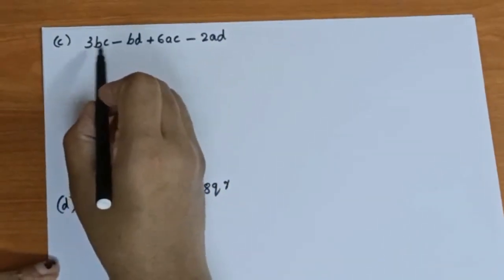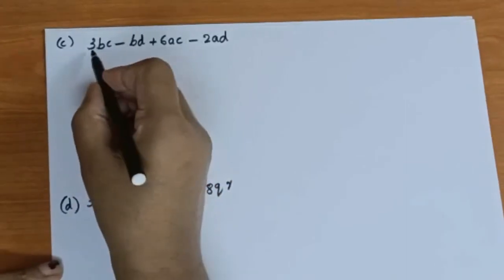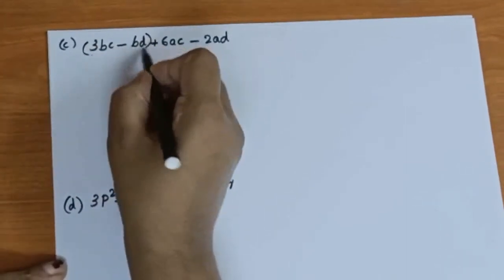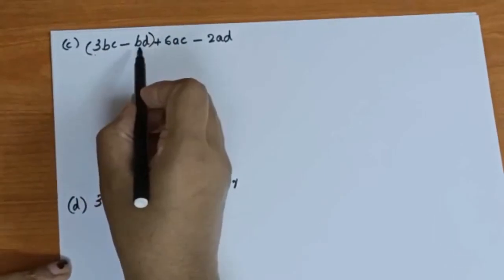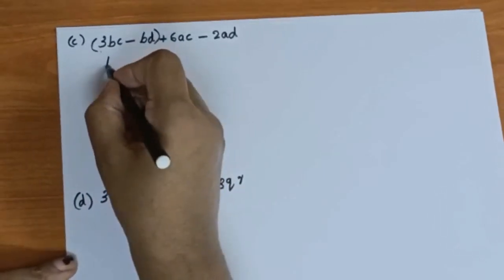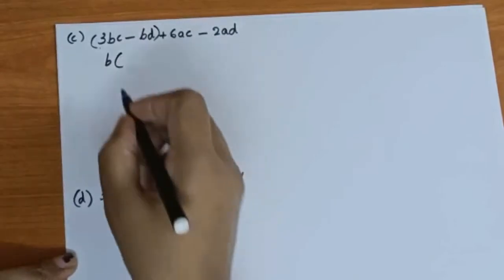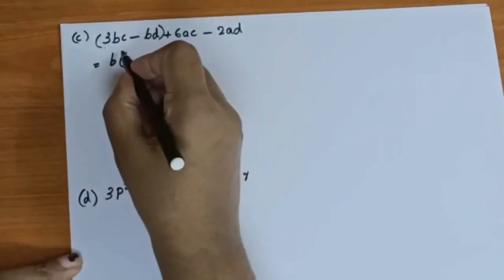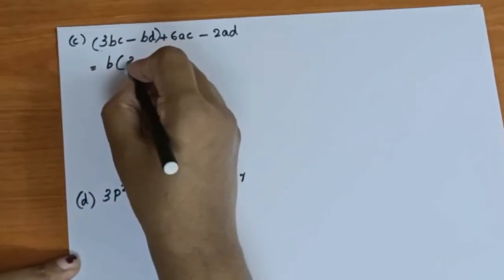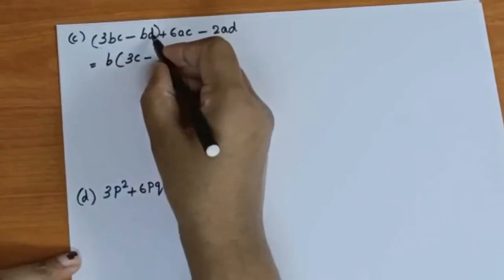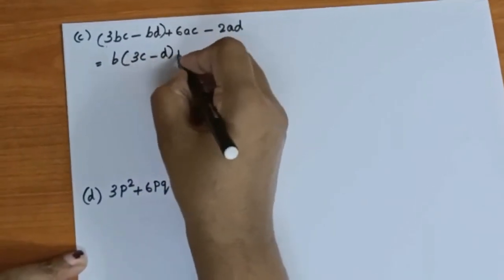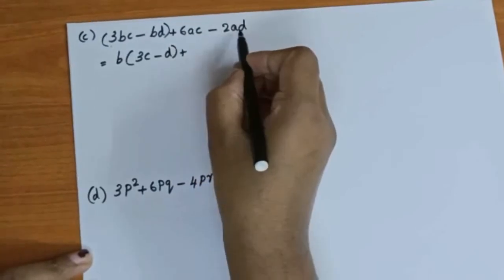So 3bc minus bd, from these two terms, I am putting in a bracket. From these two terms, b is the common thing, so we can take b outside. Whenever we are taking b outside, inside we will get 3c from the first term and d from the second term, plus 6ac minus 2ad.